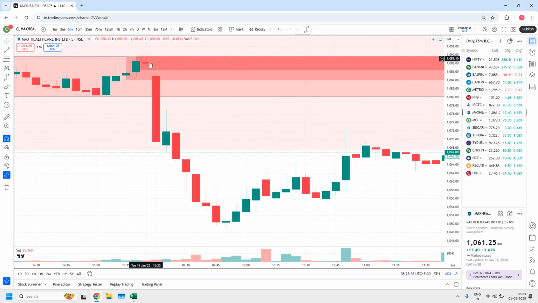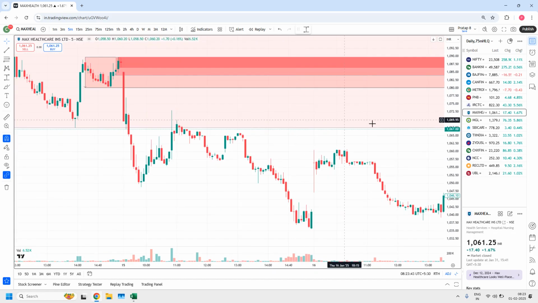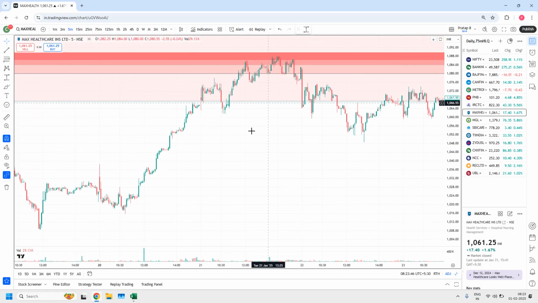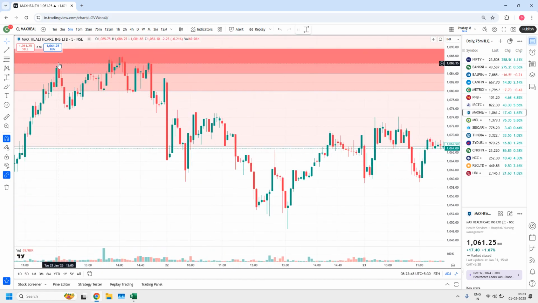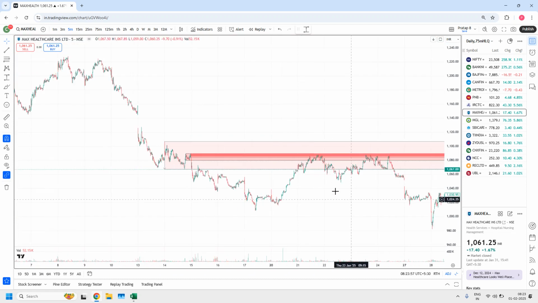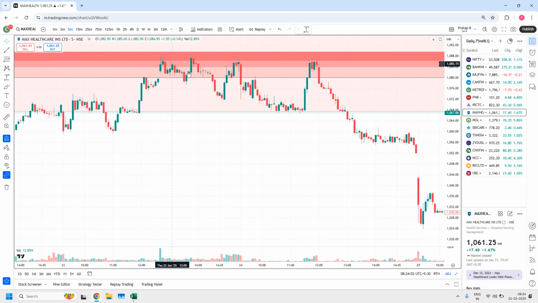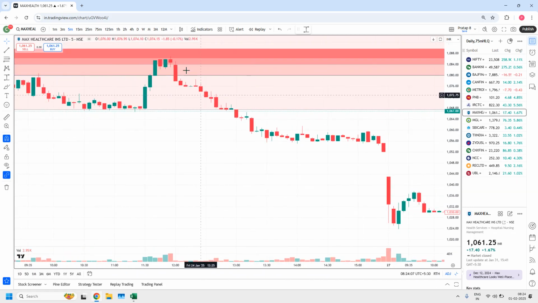See, we have a rally candle, base candle, and a drop candle with pro gap. And this area has been tested several times. This is the first test, the second test, third test, fourth test, again 5th test, 6th test, 7th test, 8th test, and recently again a rally base drop is created.